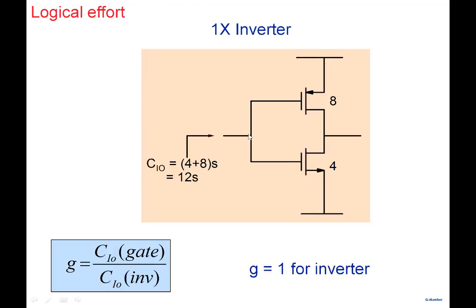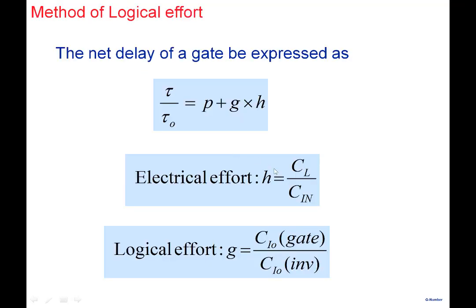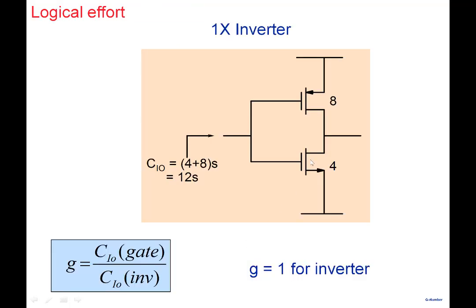And as we saw in the last lecture, if you want to calculate the G part, the logical effort, for different gates, this is the method. For an inverter, this is our 1x inverter, 4 lambda and 8 lambda. Input capacitance is proportional to the size, with S some proportionality constant, so 4 plus 8, which is 12.